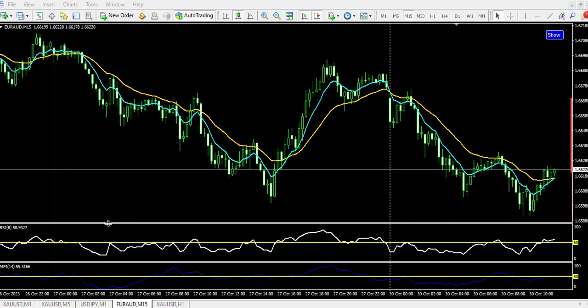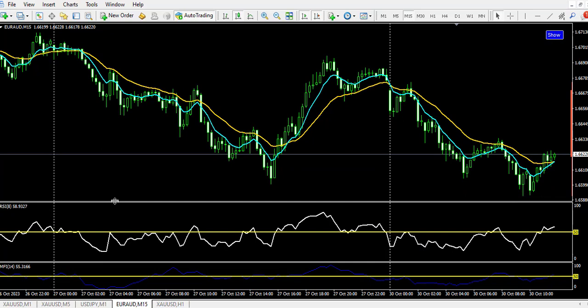This is the RSI indicator, and for a sell, it must cross below this 50 value. It must cross below this 50 value, and for a buy it must cross above.